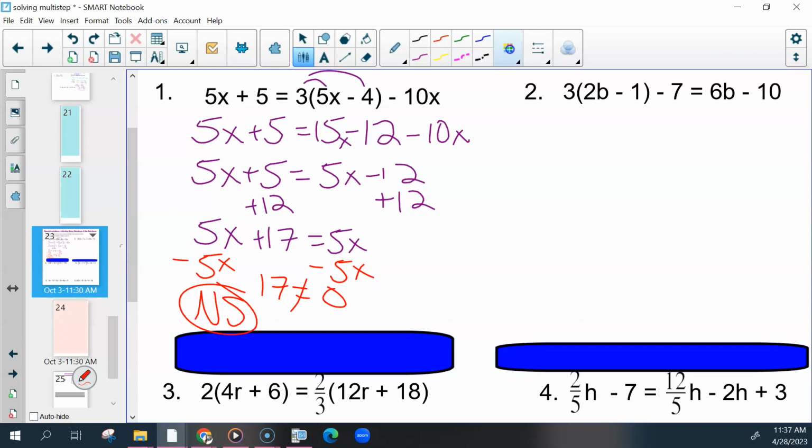Right. What would be our first step in number 2? Distribute the 3 to everything. So 6b minus 3 minus 7 equals 6b minus 10.